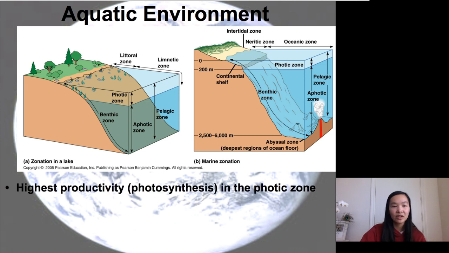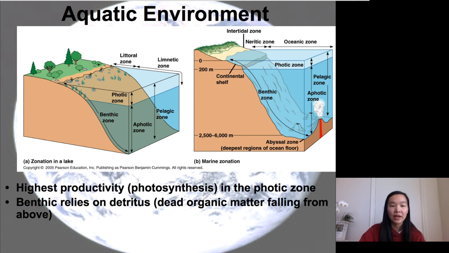If you can see in either photo, there's a part of the water that looks a little clearer or lighter, and that part is on the top, and so that's called the photic zone. It's where photosynthesis is mainly happening, because the sunlight can only penetrate so far into the water, and at some point you don't get any more light. Obviously photosynthesis needs light to happen, so photosynthesis is only going to be happening in a zone that's near the top of the water.